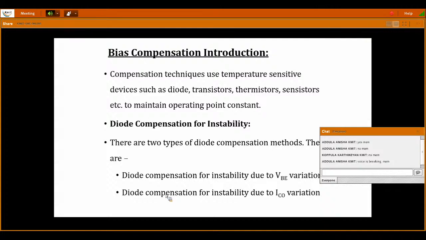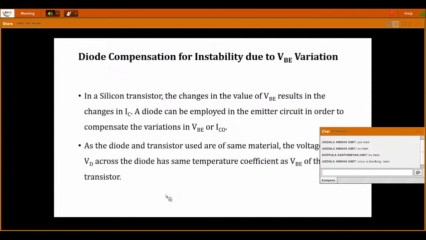Here in diode compensation, first the instability due to VBE variation we will discuss. Later I will move to the leakage current variation.